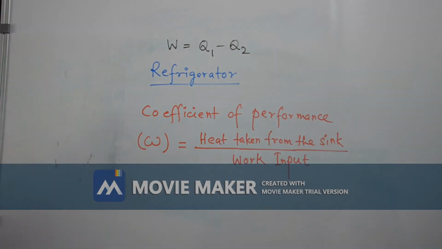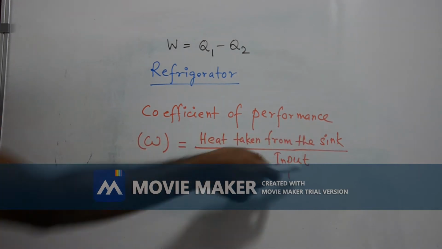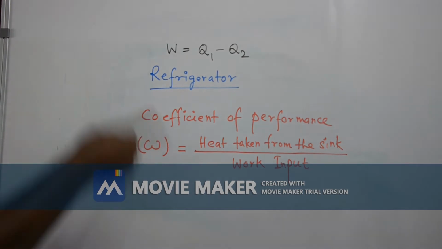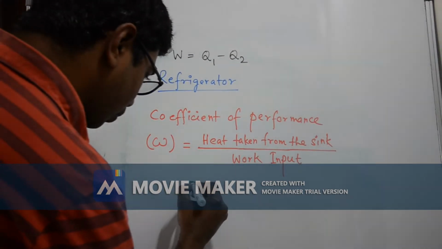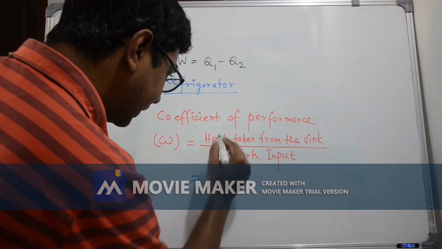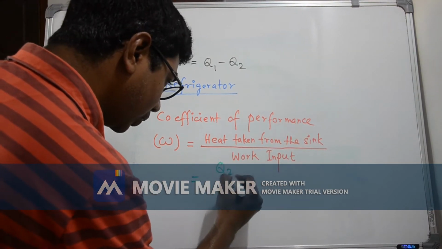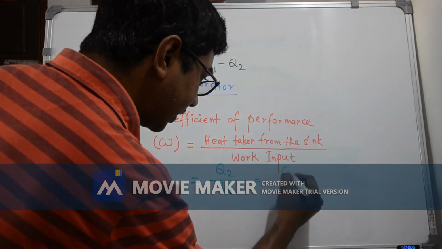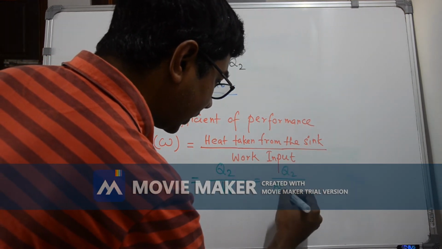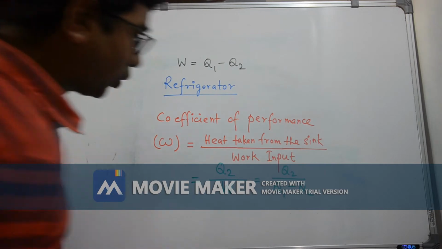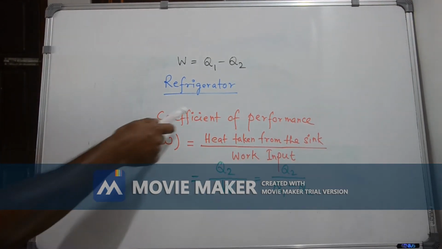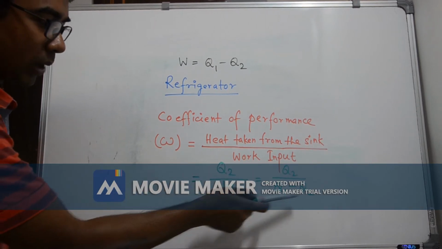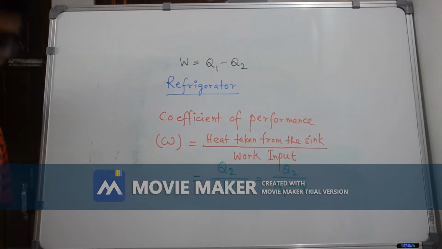So it's the heat or thermal energy taken from the sink divided by the work input. As shown in the diagram, heat taken from the sink will be Q2 and the work input is W, and again W can be written as Q1 minus Q2. So in terms of Q1 and Q2, the coefficient of performance of a refrigerator can be written as Q2 divided by Q1 minus Q2.